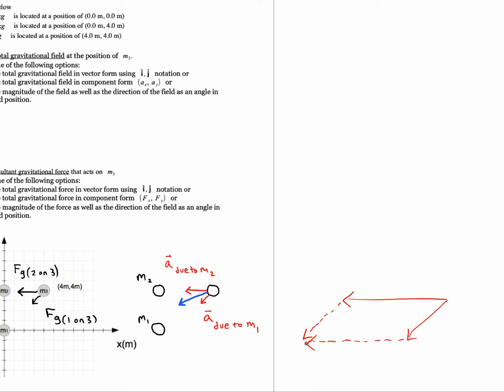Either way, you arrive at the same point. And if you just draw a final result from the tails to the heads there, then that is what would be referred to as the total gravitational field.